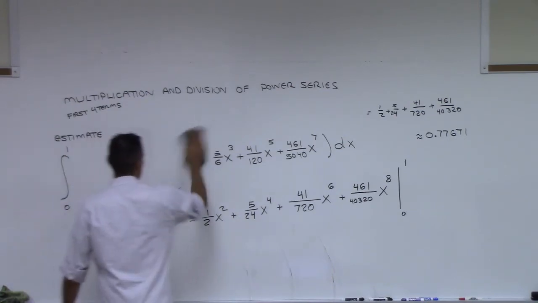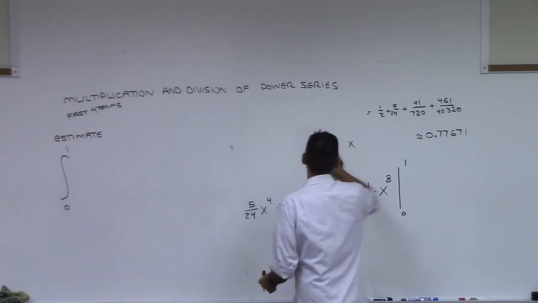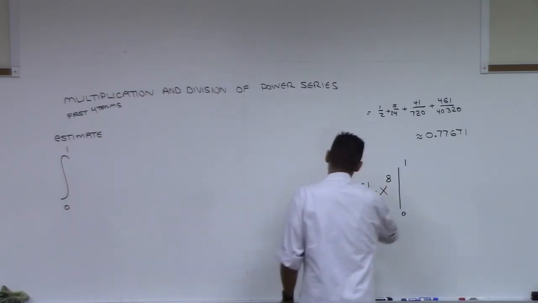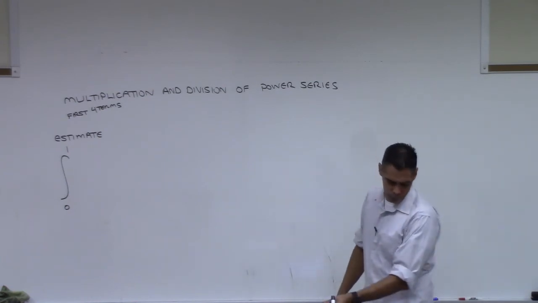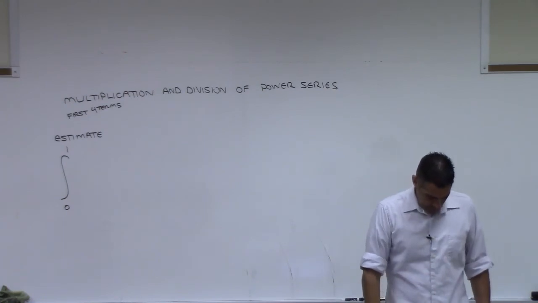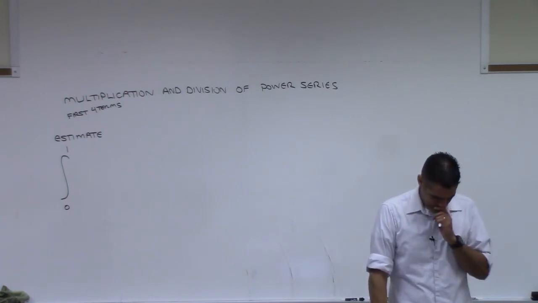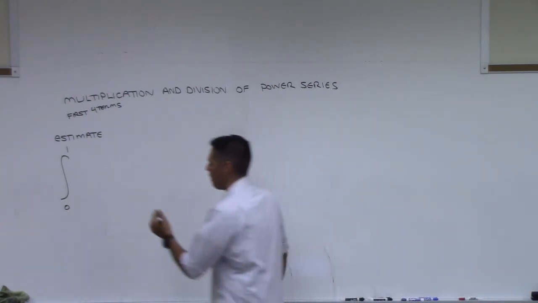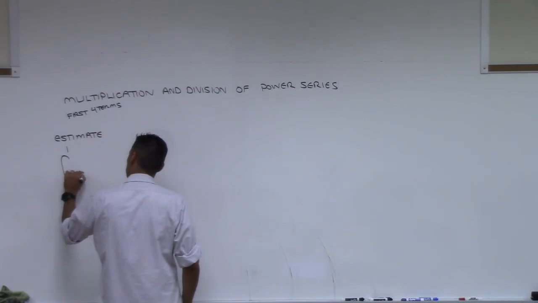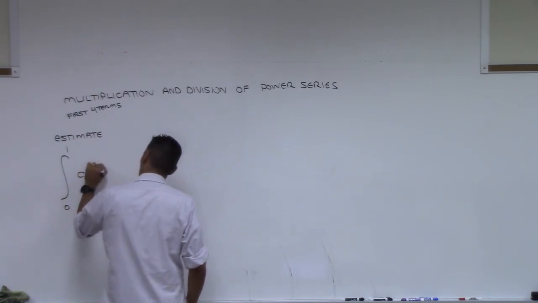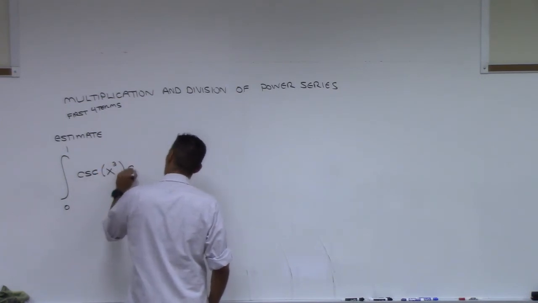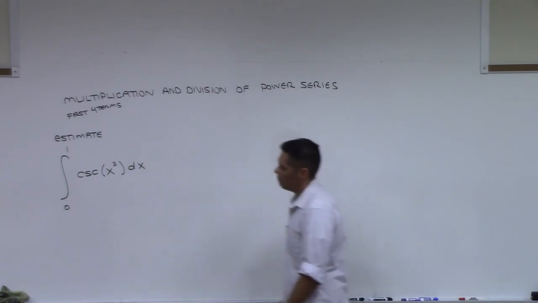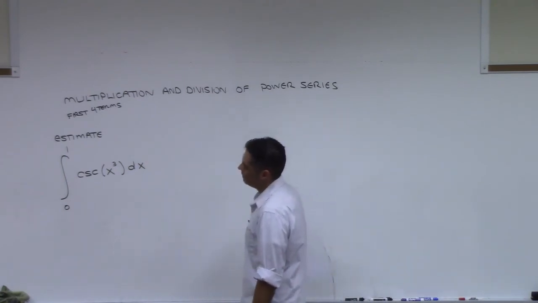Okay, let's estimate another one. I'm going to still stick with 0 to 1 because 0 to 1 is just so easy to work with. Hold on.